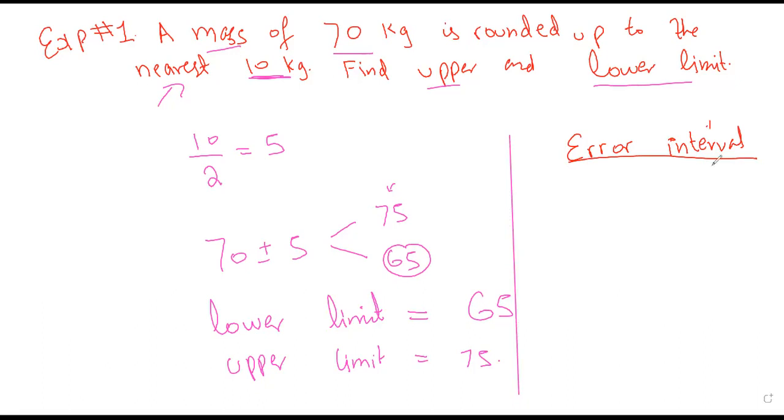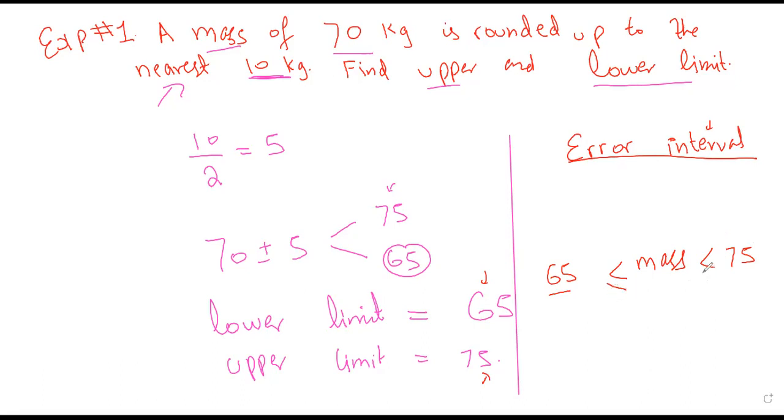Now we know that when we have interval, it is something of this sort. Since it is the mass, so it would be less than something and greater than something, right? And if we talk about these two things, so we know that it would be 65 and this would be 75. But you know well that if the value is 65, even then you will get 70. So you will write it less than or equal to.